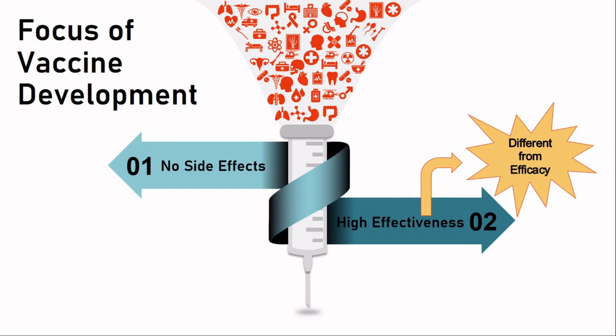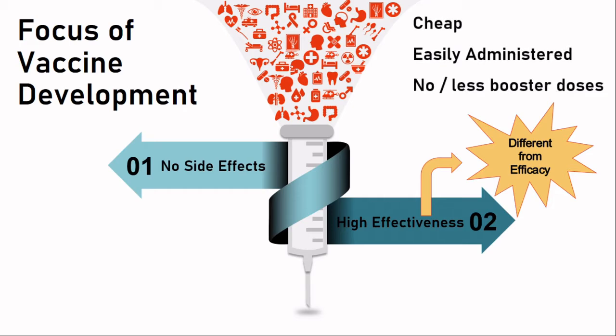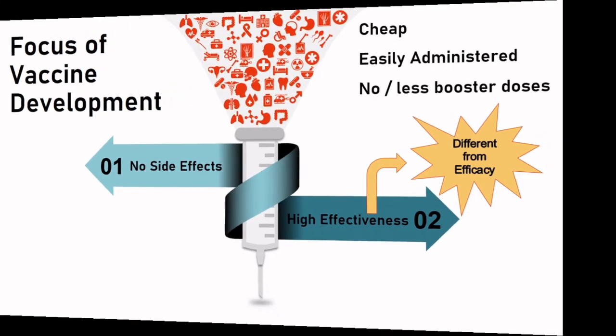Apart from these two parameters, we also want our vaccine to be very cheap and easily administered. Nobody likes to take an injection. So vaccines which are oral or intranasal are preferred over the ones which need to be given intramuscularly. Also, if it is an injection, we don't want to take booster dosages again and again. So the number of dosages should be as few as possible.